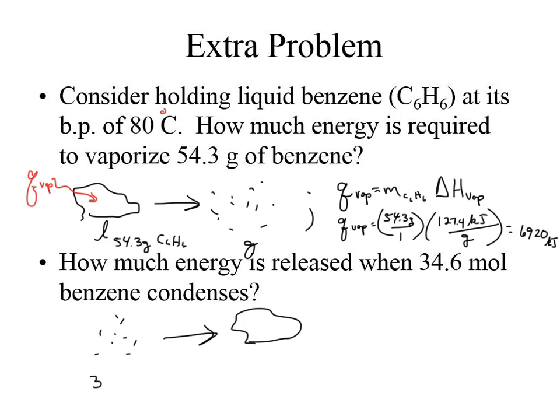And in this case, we know the amount, 34.6 moles of C6H6, and it's going to liquefy. So here, Q that's released, Q of condensation, we can calculate.